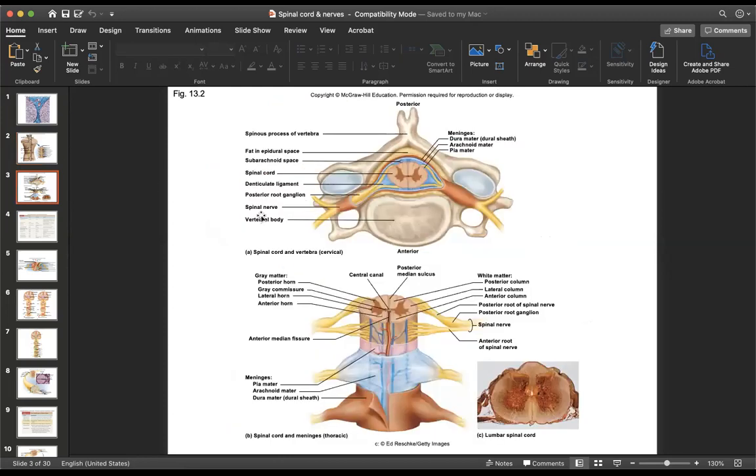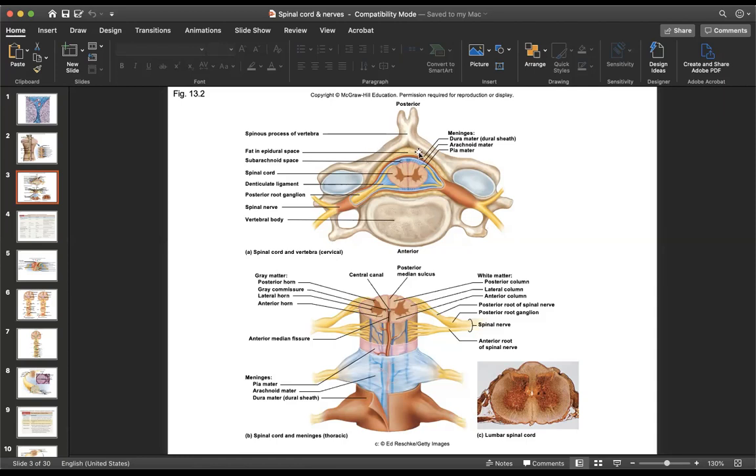So if we take a transverse section of the spinal cord, and hopefully this bifurcated spinous process should tell you this is at about the level of a cervical vertebra. You've got the transverse foramen here, so this should tell you this is a cervical vertebra without having to read the heading.